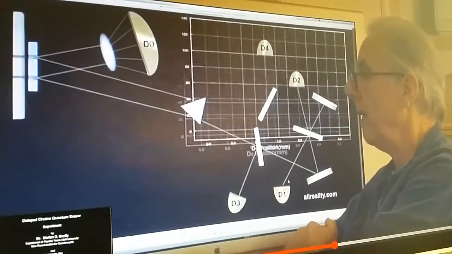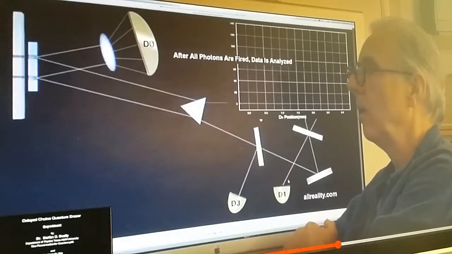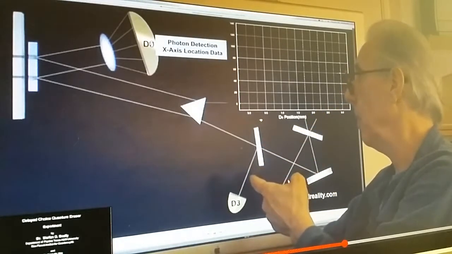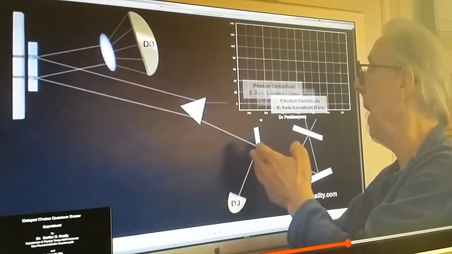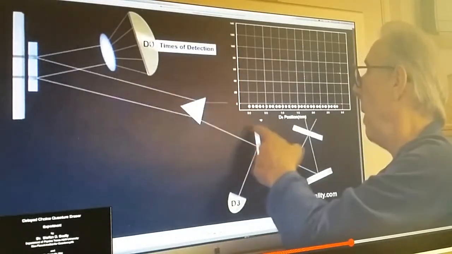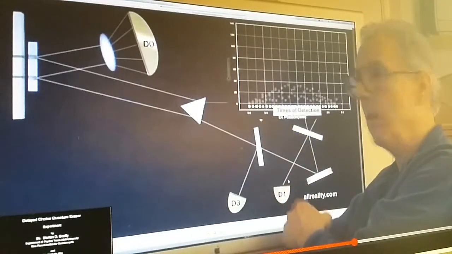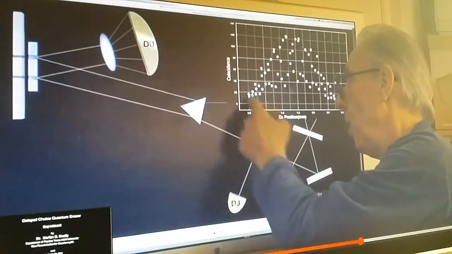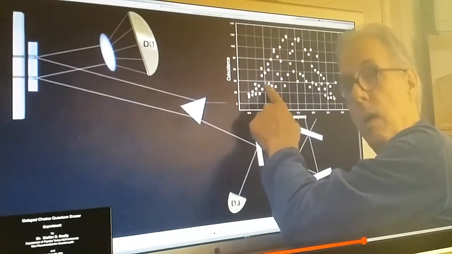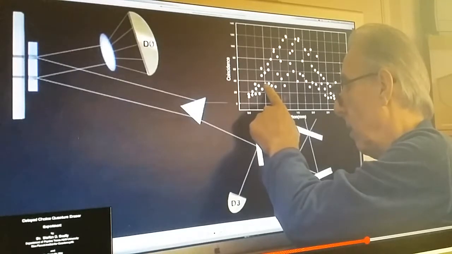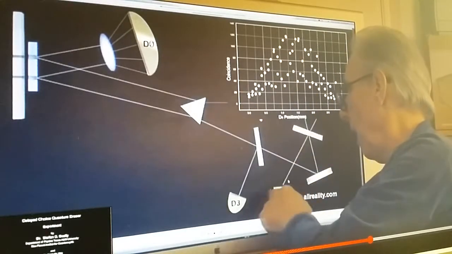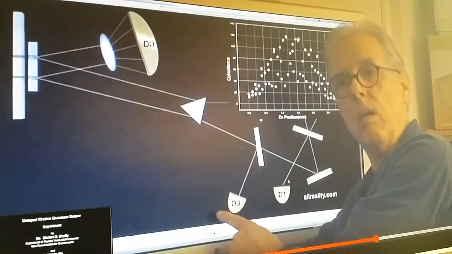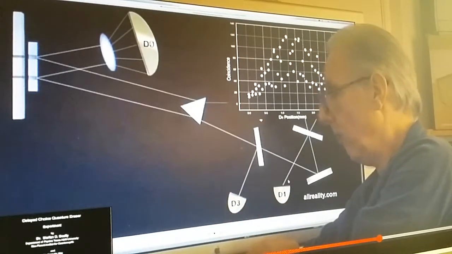So that once all the data has been compiled, you can analyze the data by first plotting on the x-axis where all the quanta was detected and at what time. And since you know what time the photon hit the screen here, you can look to see if its entangled pair, which detector its entangled pair registered.